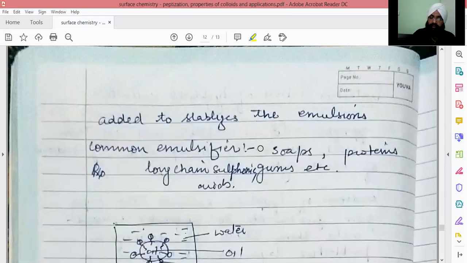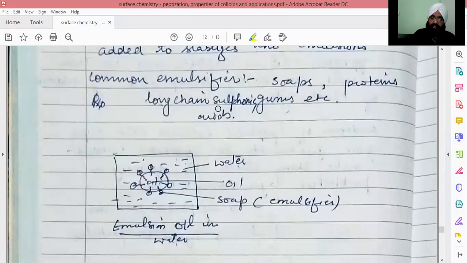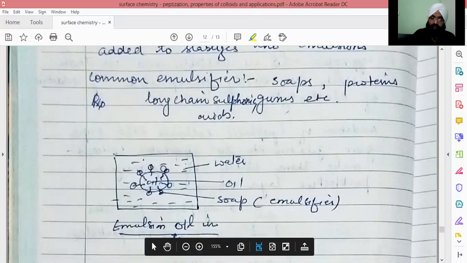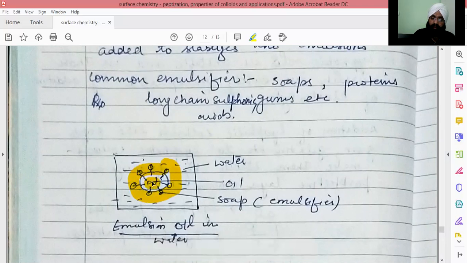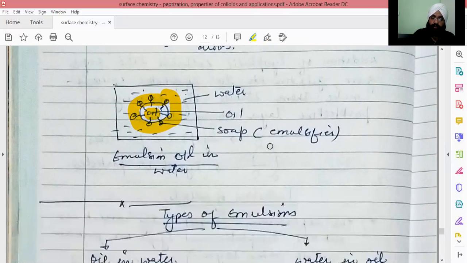Like in the case of oil in water, the emulsifying agent soap can be used. It is the same concept as micelle formation, grabbing the oil particle in between. The hydrophobic part is towards oil and the hydrophilic part towards water. So this is the role of the emulsifier soap, which keeps the two different types of liquids together.